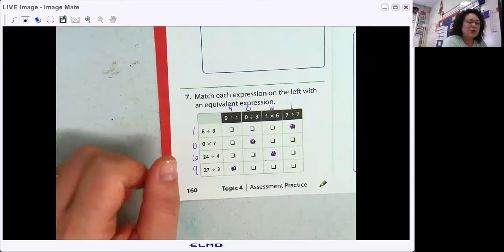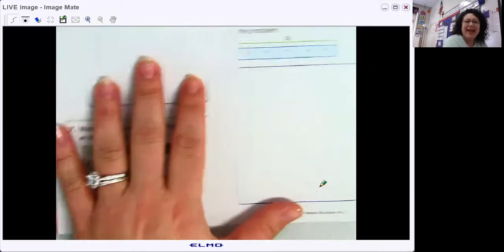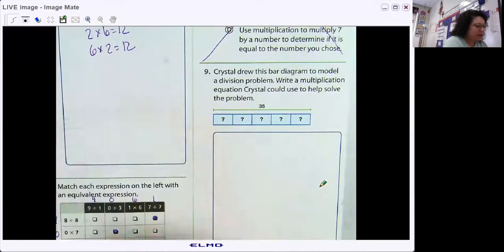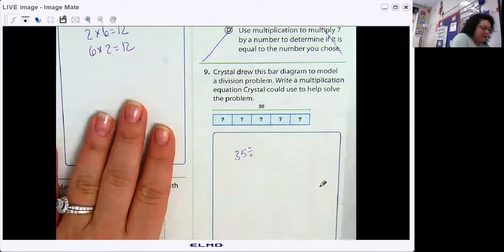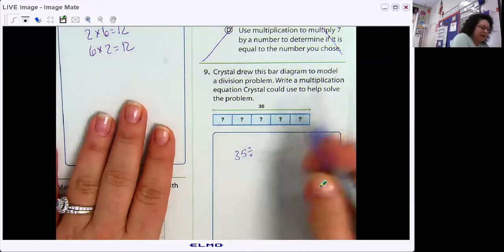Okay. Cruising on through. Number 9. Crystal drew this bar diagram to model a division problem. Write a multiplication equation Crystal could use to help her solve the problem. Working backwards, fact family. So we've got 35 divided by 1, 2, 3, 4, 5.